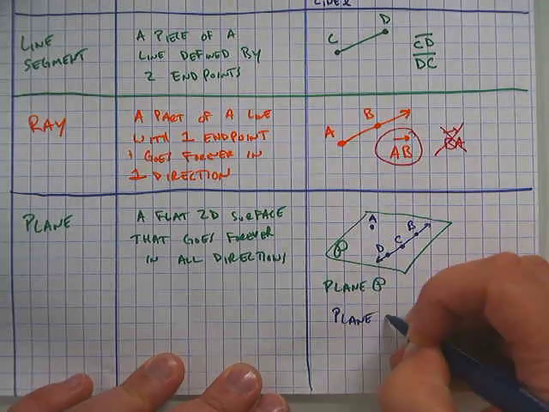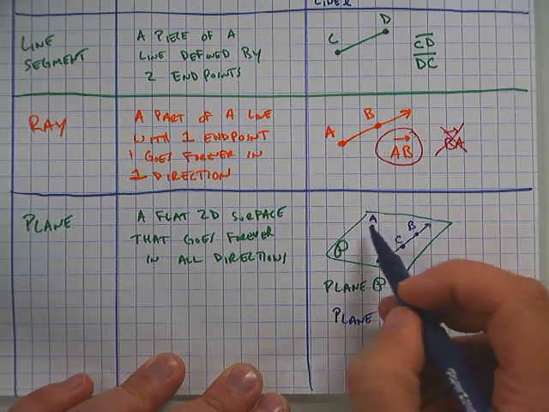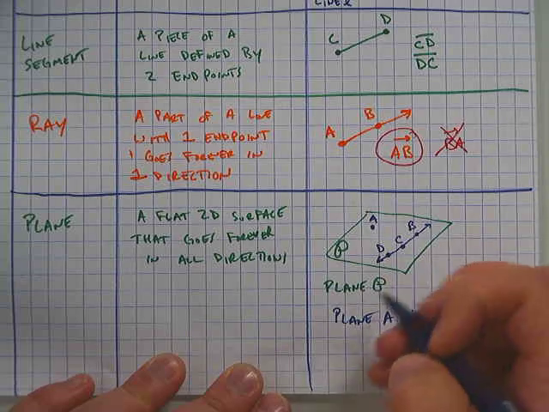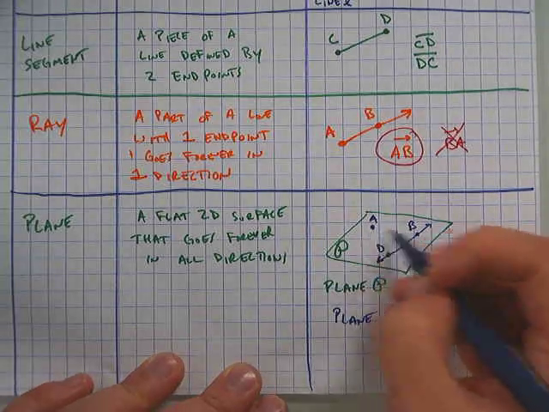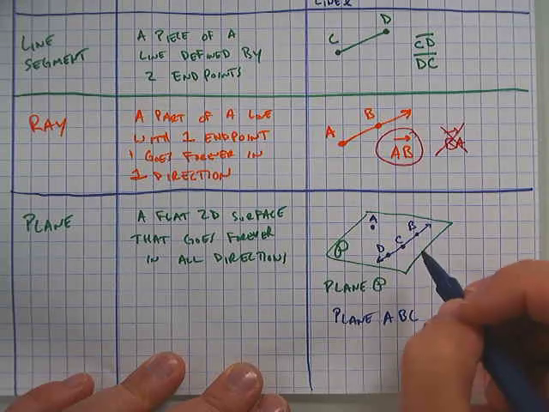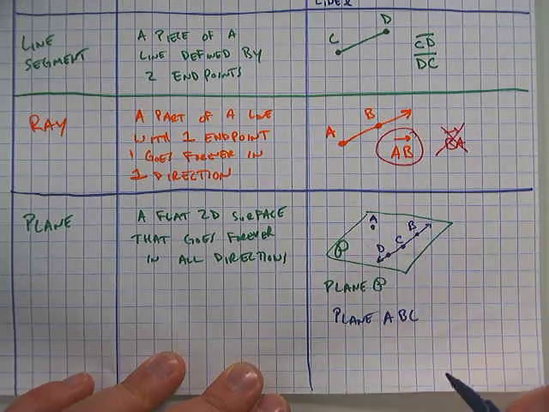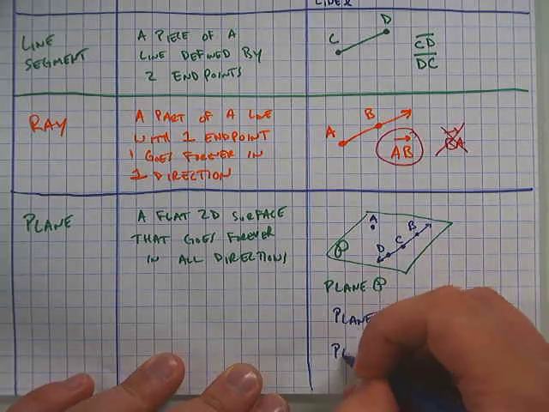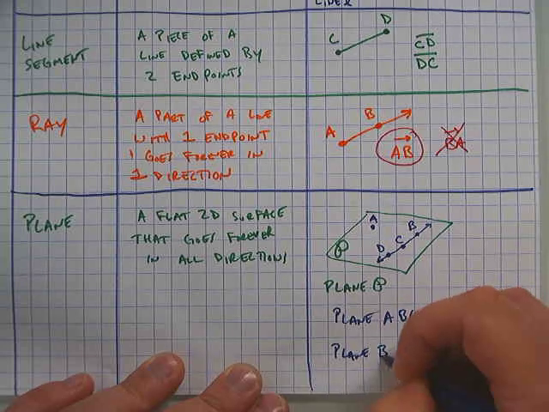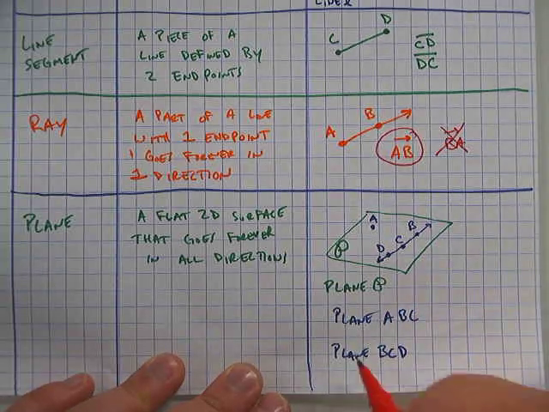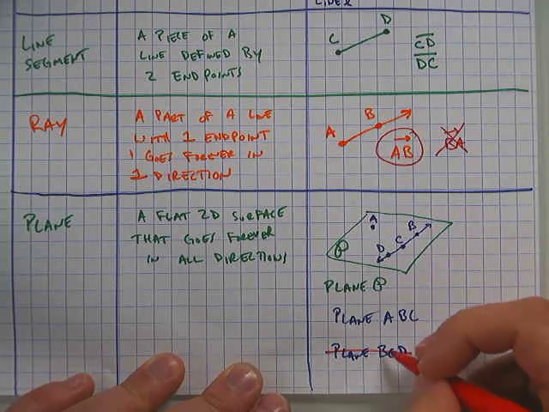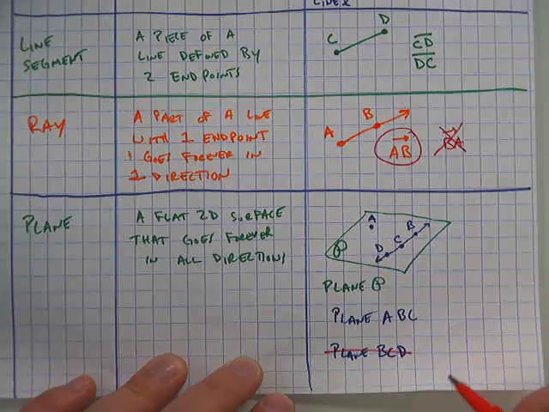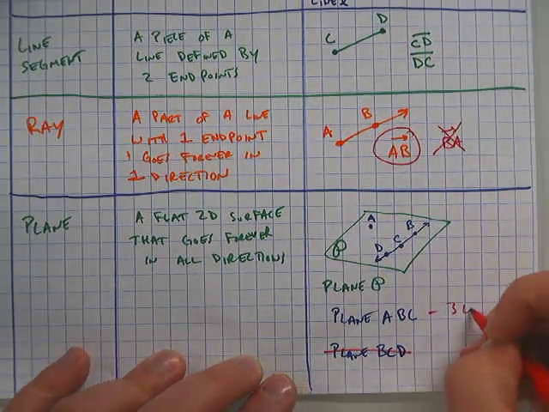Okay, so you could take 3 of your points and use it to name your plane. The only catch is that you can't use 3 points that are on the same line. So I could call this plane ABC if I want to, because A, B, and C are 3 points and they're not all on a line together. I could call this plane DAB if I want to, or BAD, or CDA. Any of those would work. The only thing that I could not call this plane is plane BCD.